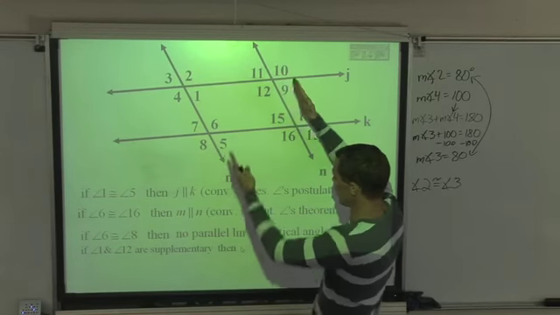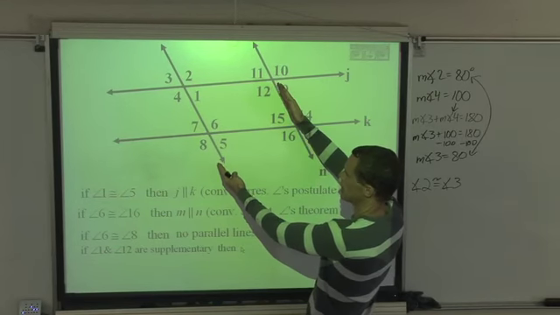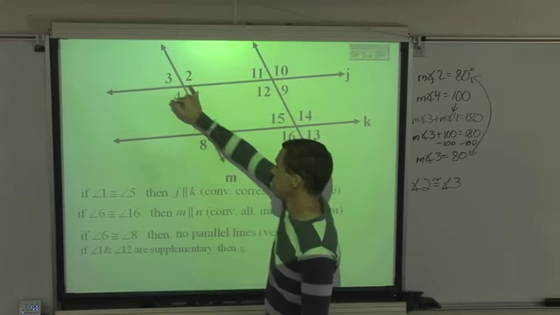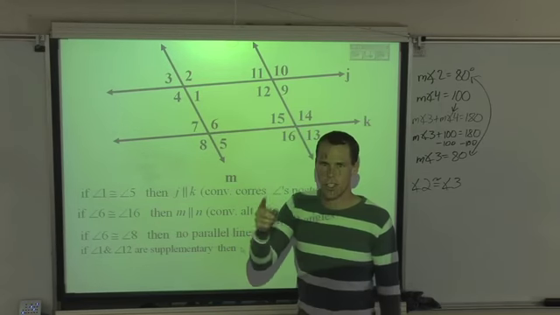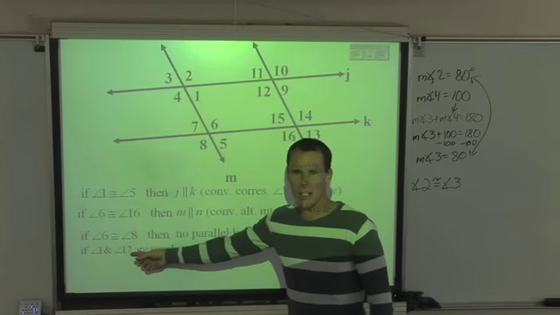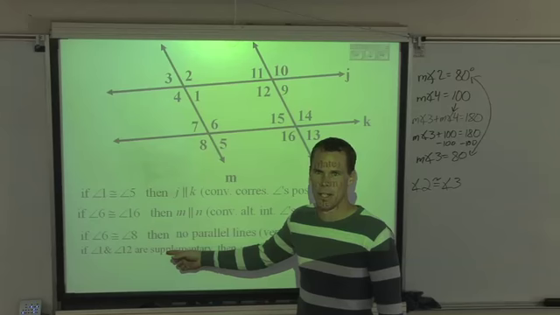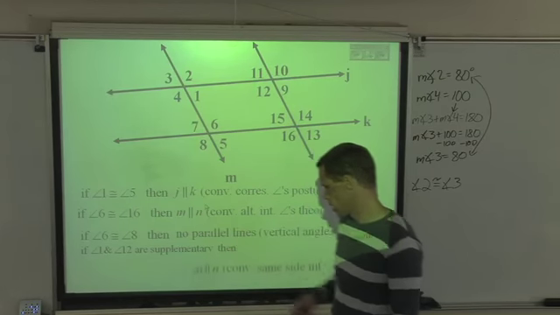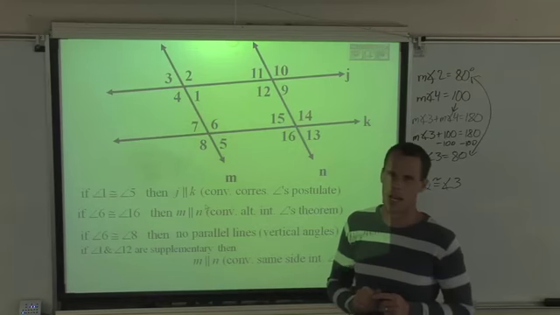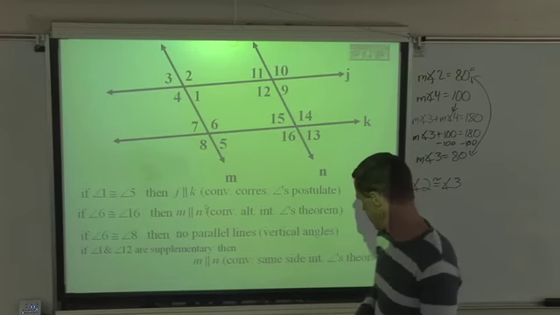Well, they're in between M and N, so they're interior. J is the transversal, and they're on the same side. These are same side interior angles. I have same side interior angles that are supplementary. Conclusion, lines M and N are parallel again by the converse of the same side interior angle theorem.